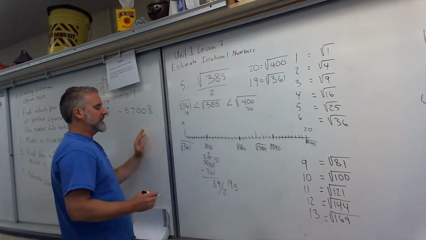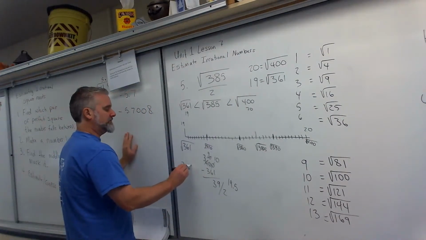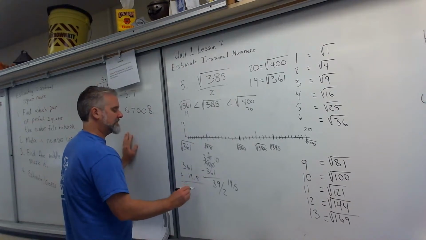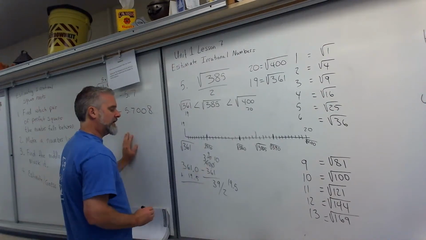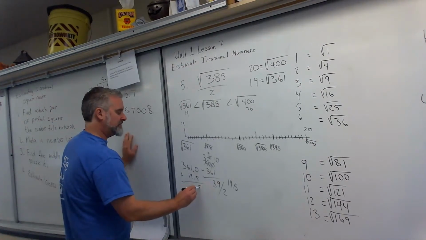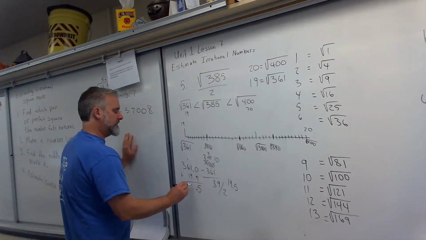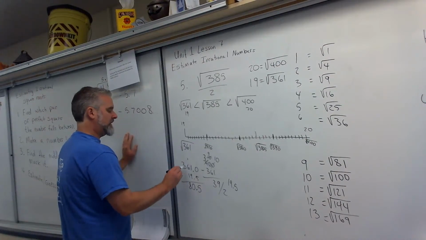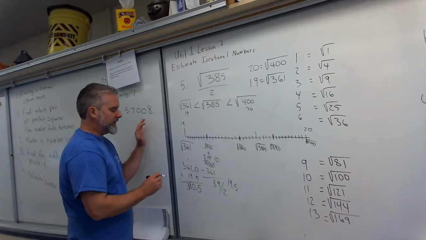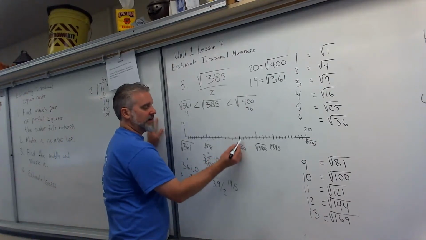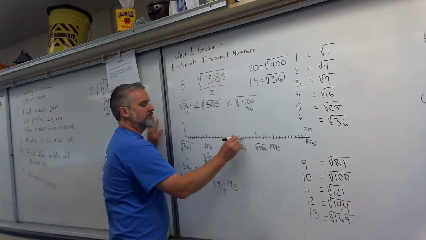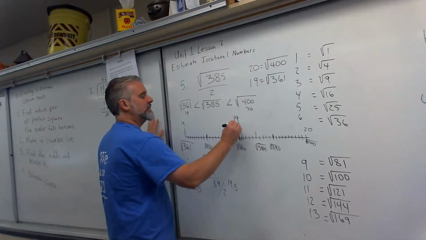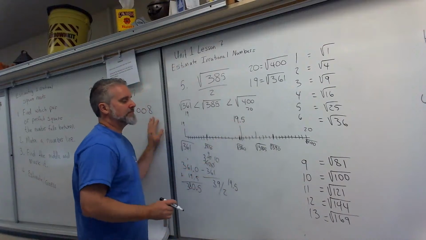So now 361 plus 19.5, add a decimal point and a 0 to the top, we get 5, get a 0, 6, 7, 8, and bring down our 3. So 380.5. So luckily I have 380 marked, 0.5 right here, and that's going to be my midway point. So that's my 19.5.